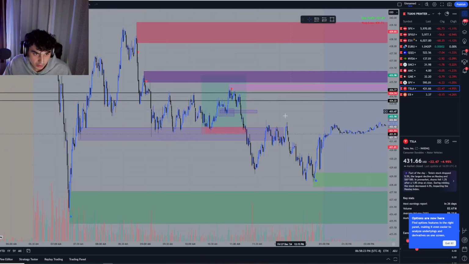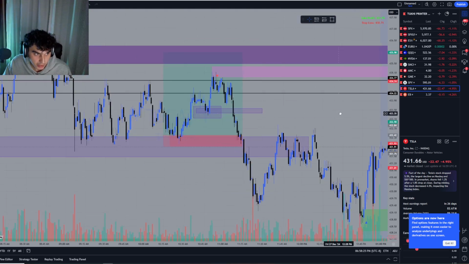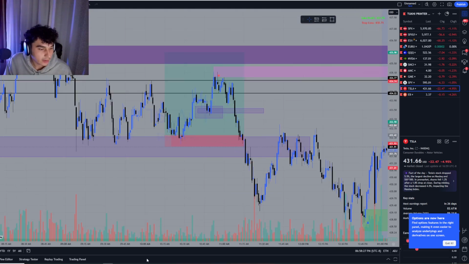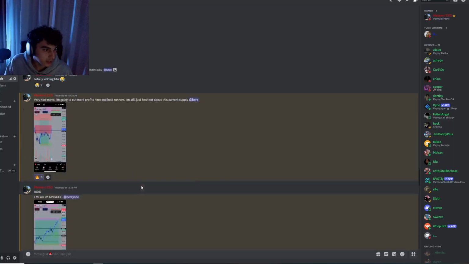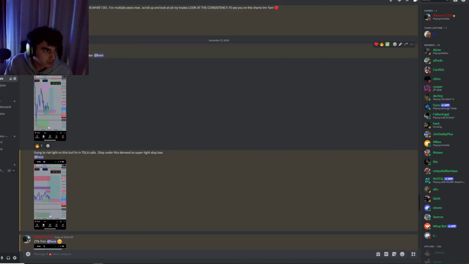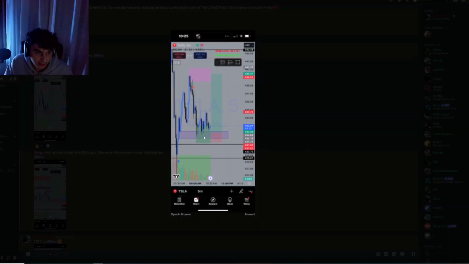Okay, perfect. Here we are. Here is the trade. Now let's go ahead to the Discord. You can see in the Discord I alerted around 10:06 this morning, setting my eye on Tesla. I'll let you guys know if I see any setups or enter anything. Then I alerted that I was looking at this exact demand zone that I was just showing you guys.